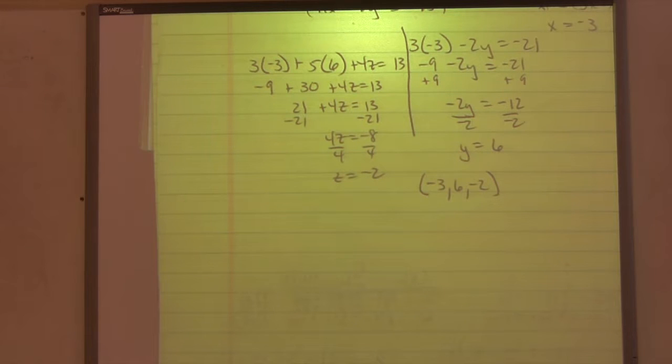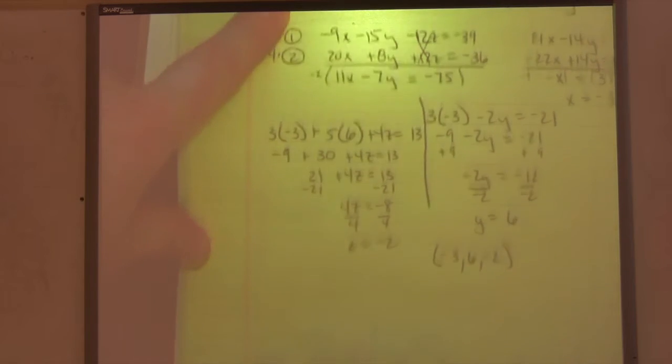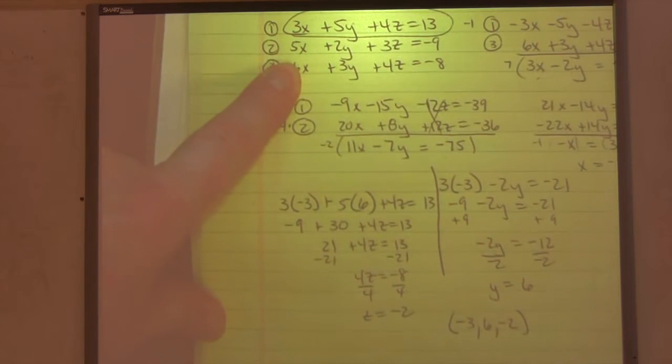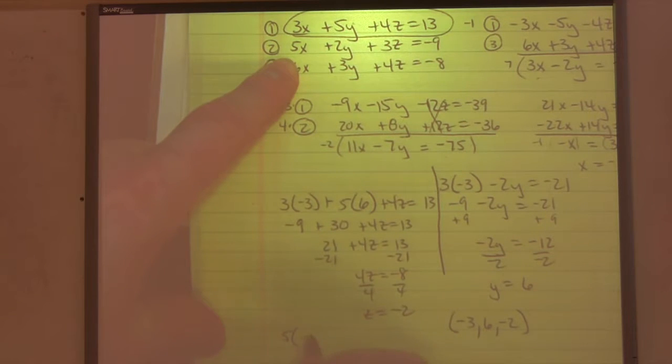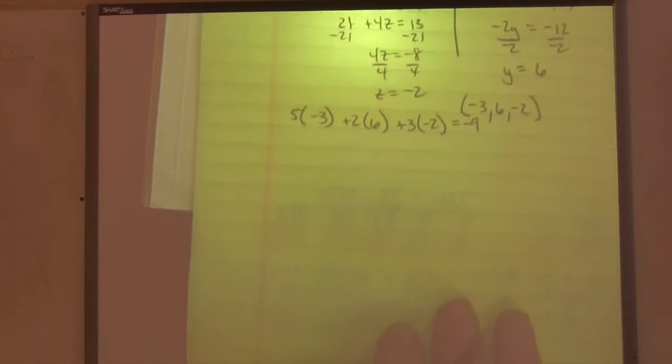So now what we want to do is just really quickly check this. So I'm going to go back to my second equation now, and I'm going to check that and see if it works in that. So I'm going to have 5, and when I come to x, I replace it with negative 3, and then plus 2, and when I come to y, I replace that with 6, plus 3, and when I come to z, I replace it with negative 2, and if we've done this correctly, it should equal negative 9.